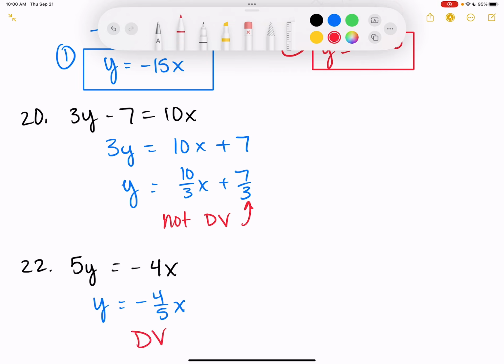And what would the constant of variation be? Constant of variation is a. Yep, negative 4 over 5. So if it is direct variation, make sure you state what the constant of variation is.